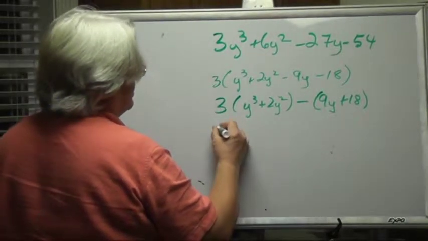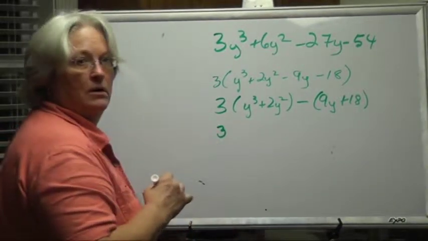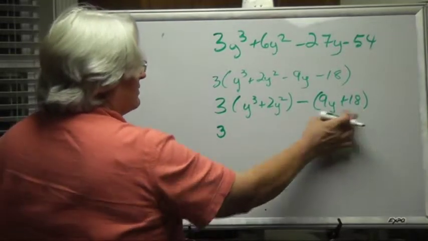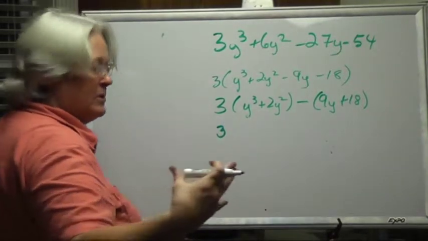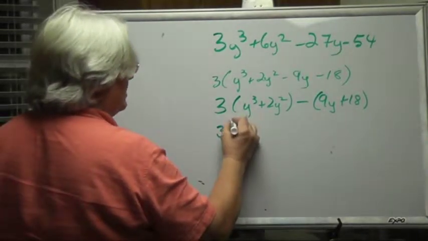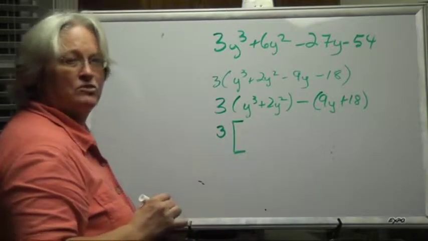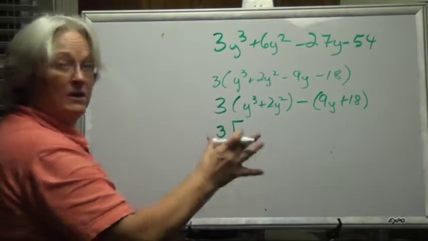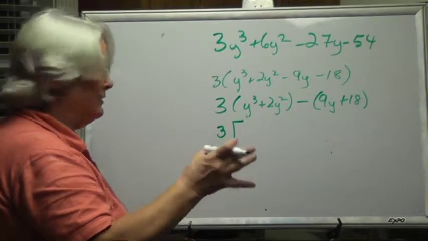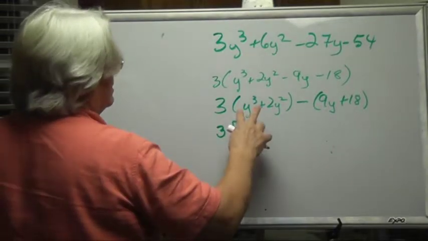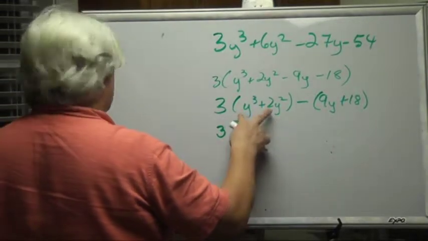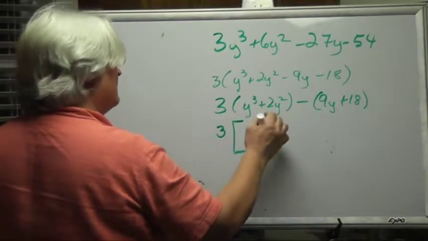So, we're going to say 3. We're going to have to do some factoring of common monomials out, so we better put in an extra bracket here. This is very definitely an Algebra 2 problem, not an Algebra 1 problem. What factor do we have here in common? We have a y squared.